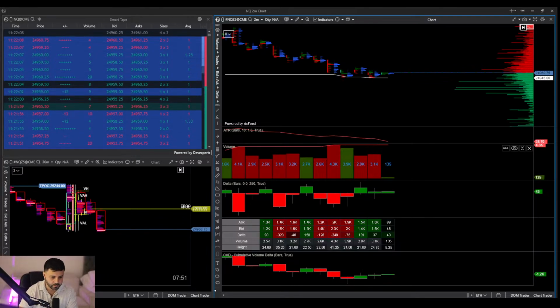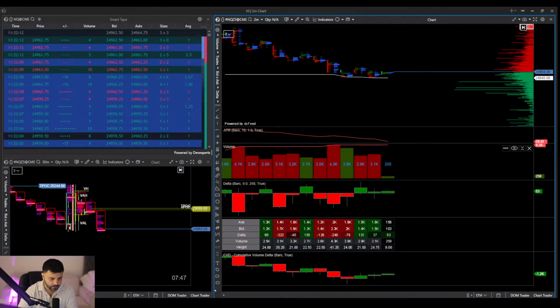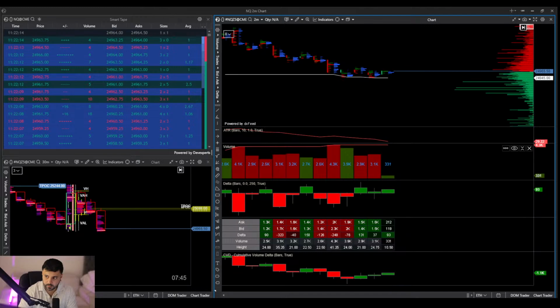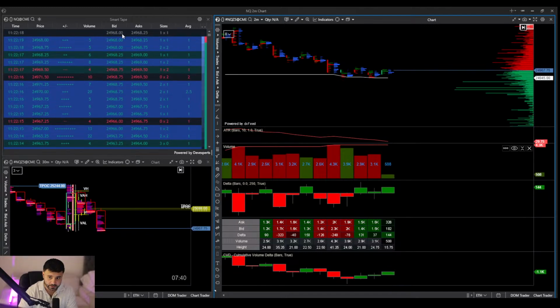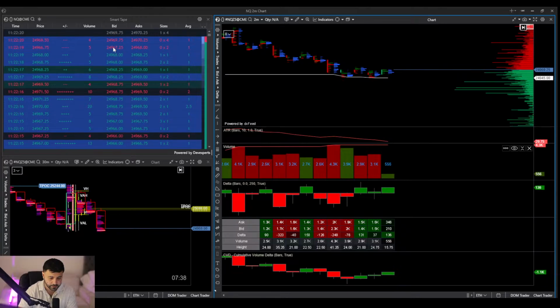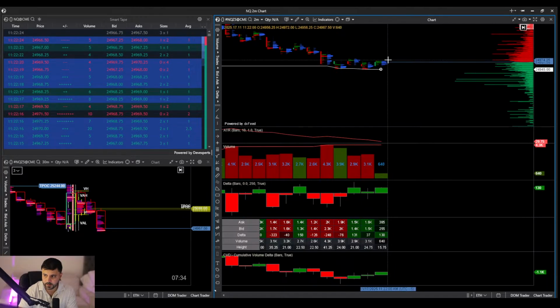Because if the shorts are going to really come in and continue, if they have real intention of continuing this lower, this tape should be moving a lot faster, right? But you can see people are interested in long in here.